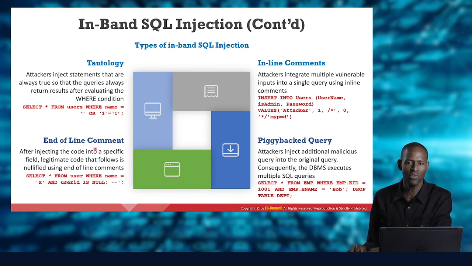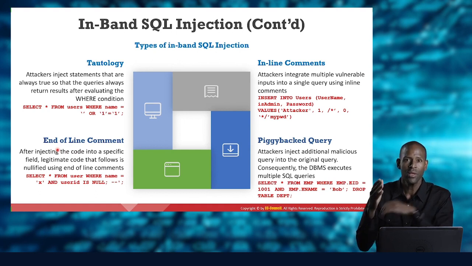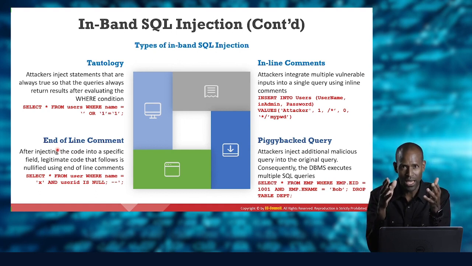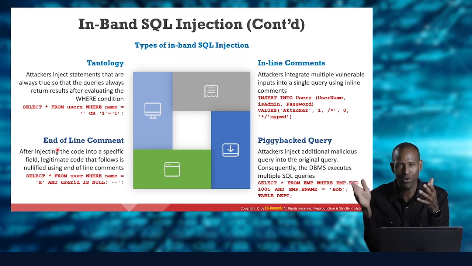Another one is the end of line comment. See this right here, this double dash? What this double dash means is I don't care what else was in the SQL statement, but ignore it. It's just a comment. In programming and databases, comments are ignored. And so you'll do your blah, tick, or 1 equal 1 in the username, but in the actual SQL command, it says and password equals password, right?